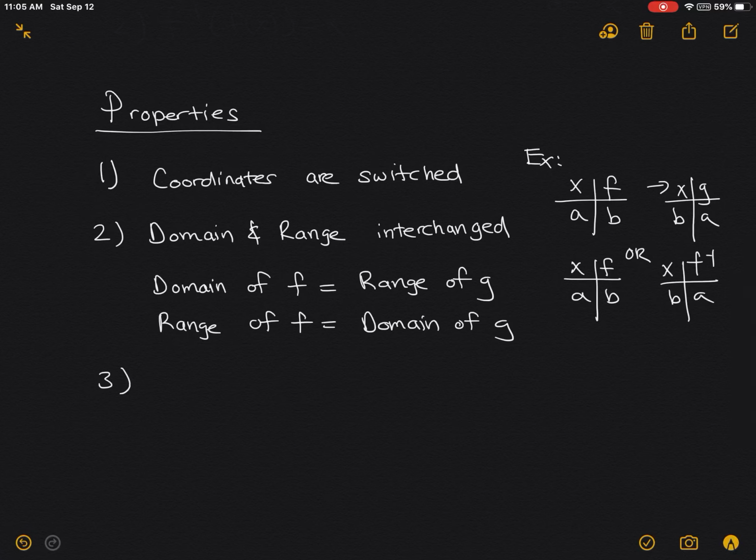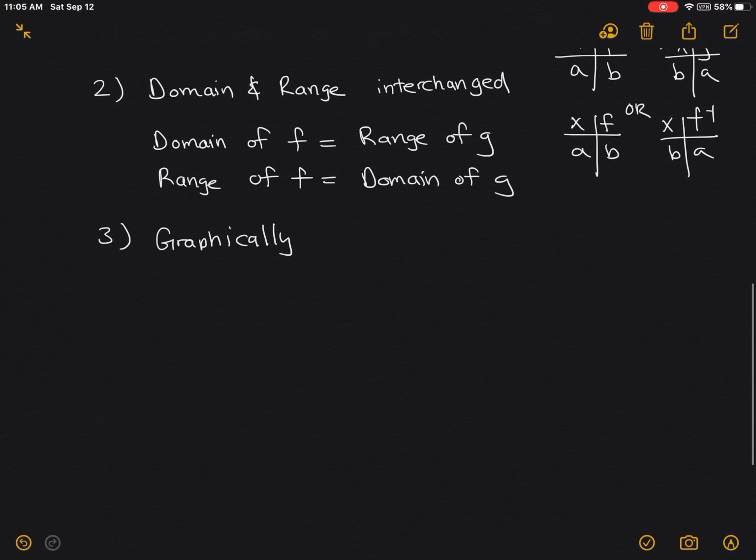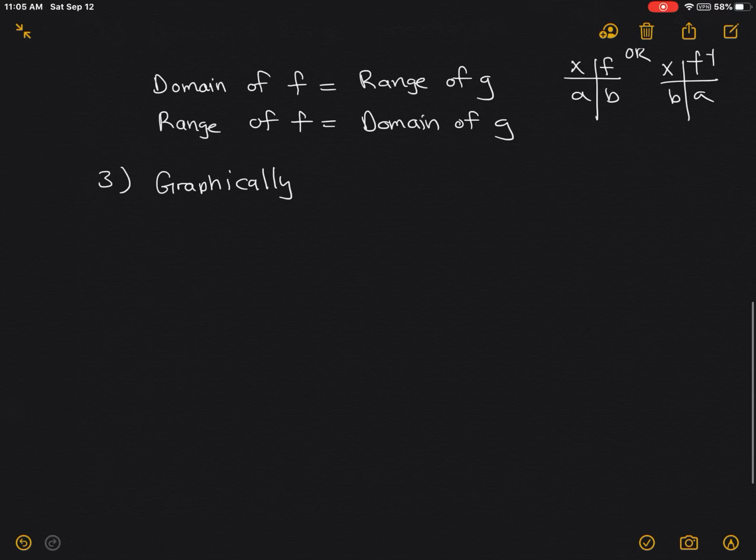All right, so coordinate switch, domain and range interchange. What else? Graphically, something is true. Well, let's illustrate this graphically before I tell you what is true about characteristic number 3.